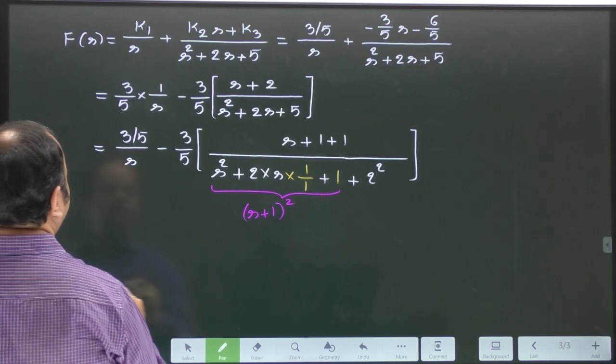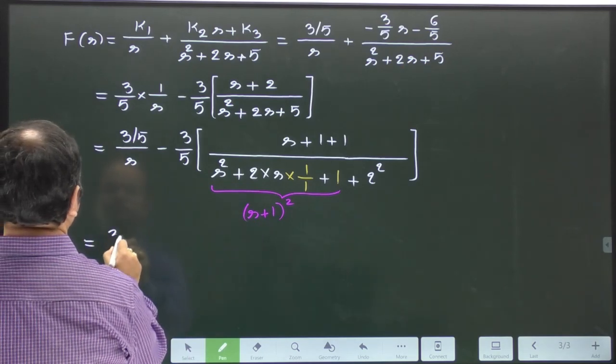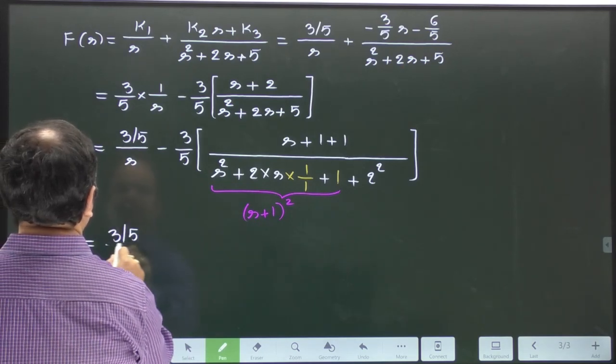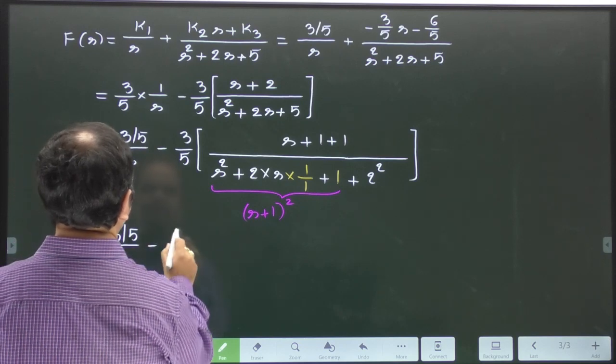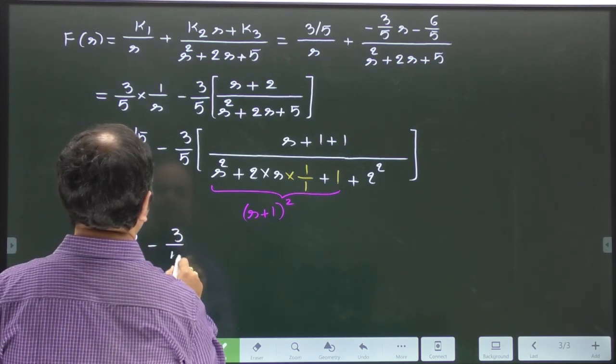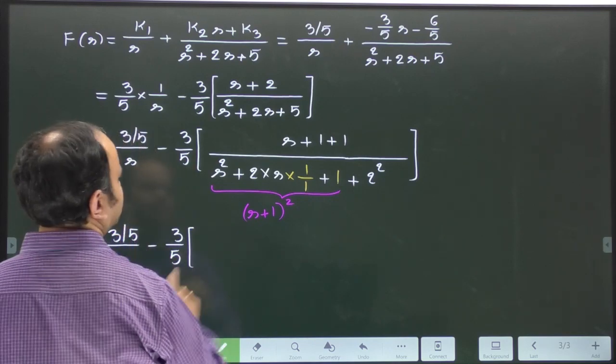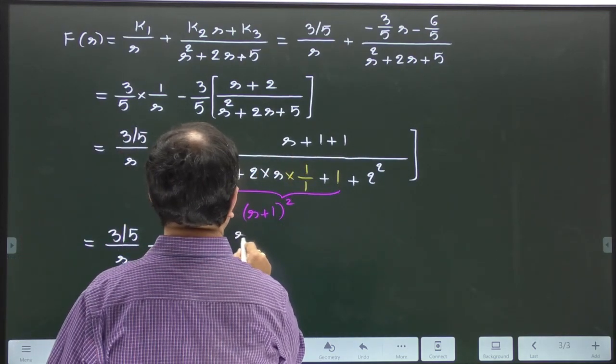Now, let us further rearrange these terms. 3 by 5 denominator s minus 3 by 5. How can I write down numerator?